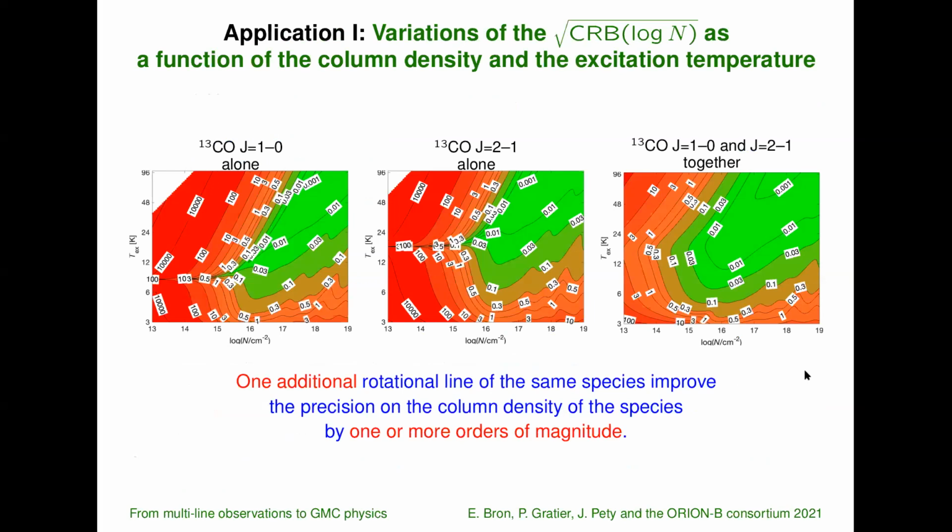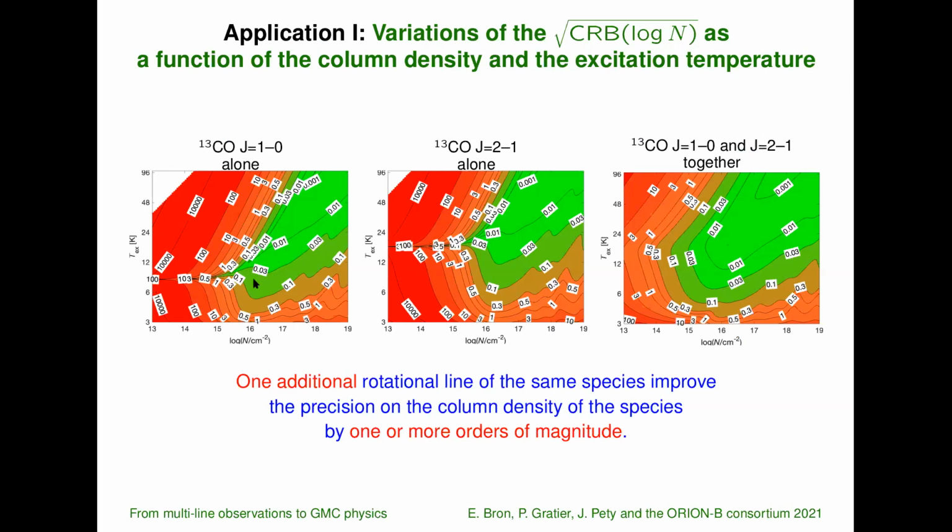Here I'm showing first the square root of the Cramer-Rao bound for the logarithm of the column density, for the three images, as a function of the excitation temperature and the column density. This is just modeling, simulations. These maps give us the relative precision you can get on the column density.